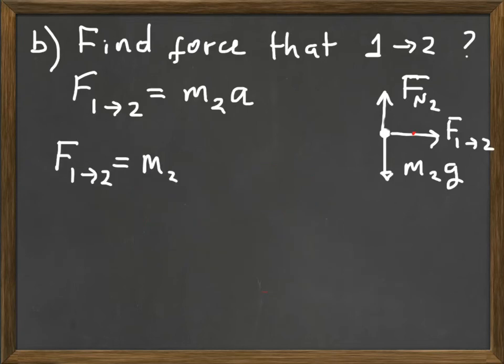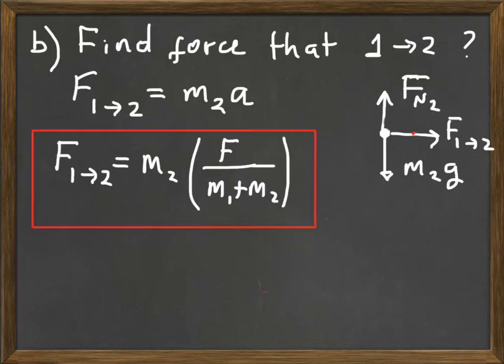In part A, we got that the acceleration is F divided by M1 plus M2. So we can replace that, and that is our final answer for the force that block 1 is putting on block 2. This is the force that makes sure that M2 accelerates at the same rate as M1. Otherwise, as we said, the objects would break through each other's surfaces.